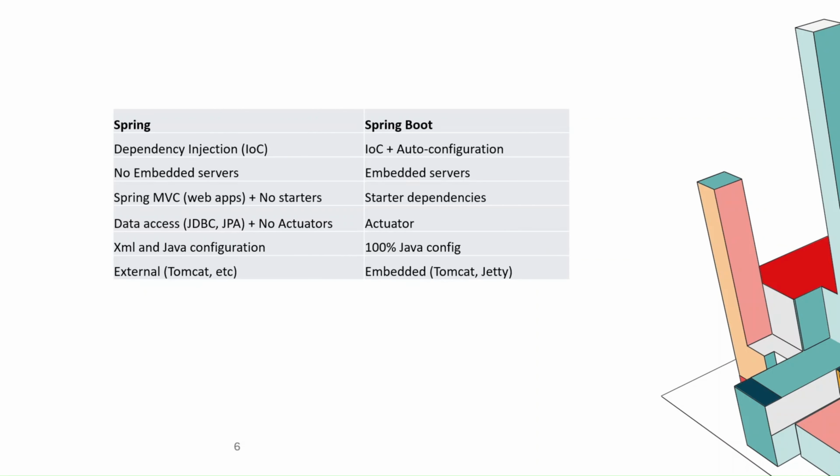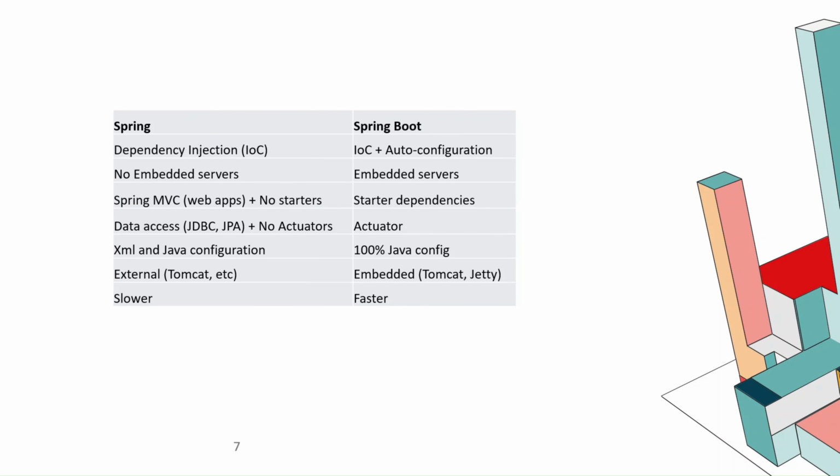As I said, we need to configure external servers in Spring, but in Spring Boot those servers will be available by default, which are called embedded servers. Tomcat and Jetty both are available by default in Spring Boot. You can straight away use them.